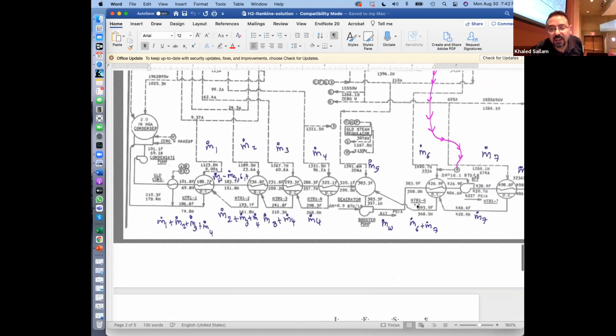This guy, he calls it heater 6. How much steam is coming here? Then you need to put a label here, M.6, and you would call this M.7 or 1 and 2 because you're going to use it. You have to call them in order.